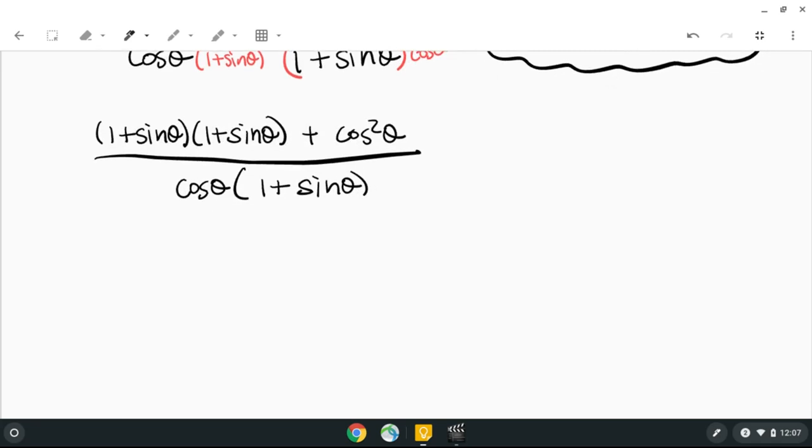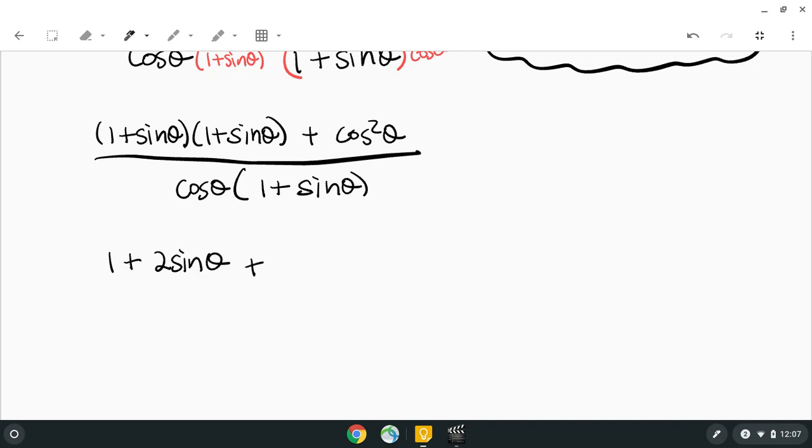I'm going to go ahead and multiply out 1 plus sine theta times 1 plus sine theta. That's just 1 plus sine theta quantity squared. So you're just squaring a binomial. When you do that, you should get 1 plus 2 sine theta plus sine squared theta.